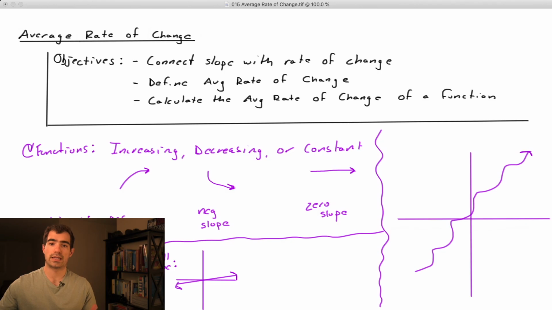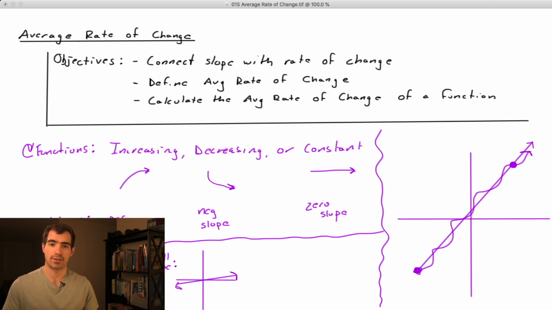And this is where our idea of an average rate of change can come in. We might not yet be able to compute the specific rate of change at any given point along this curve, but what we can do is sense that overall general trend. We can do that roughly by identifying a point where we're starting, identifying a point towards where we're ending, and drawing a line between them.